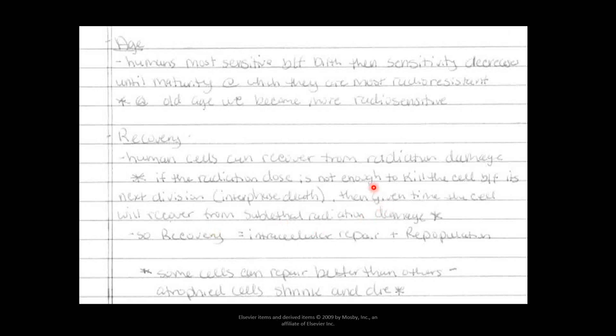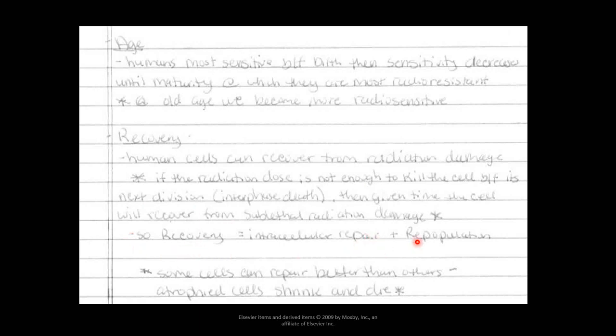So as long as the cells of the patient are not getting radiated while they're going through the process of interphase, then they have the chance to recover. But if they are in the process of interphase and they get irradiated, then they're going to undergo what's called interphase death. And then you do absolutely need to know, very important, what encompasses recovery.